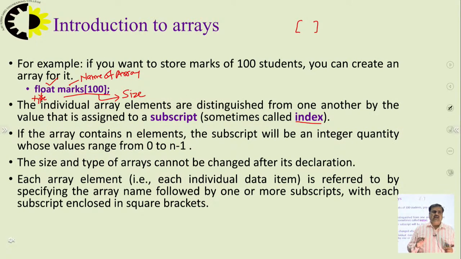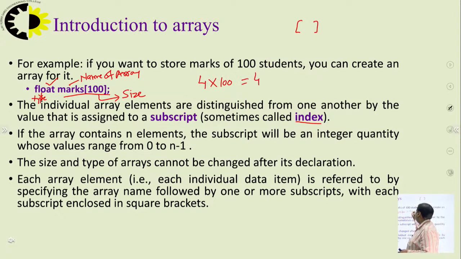The size and type of an array cannot be changed after its declaration. Like here in this example, we have declared an array marks, and its size we have given as 100. So, what number of bytes will be reserved in the memory? We can find out that the size of a float is 4 bytes multiplied by 100 such elements.